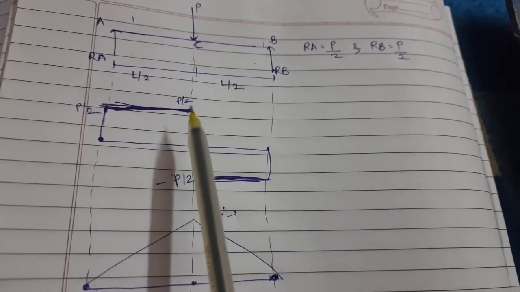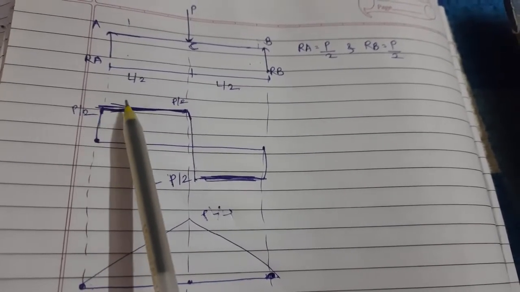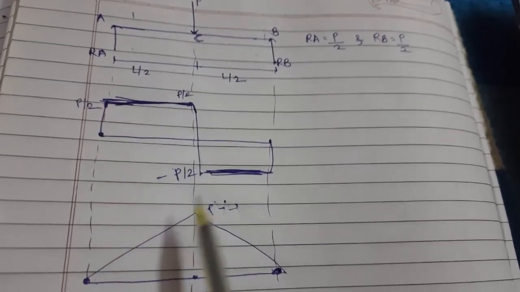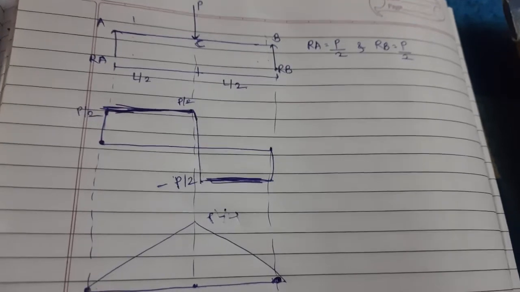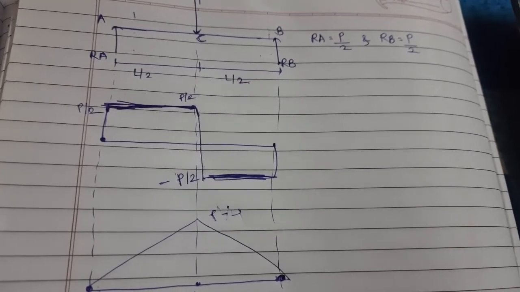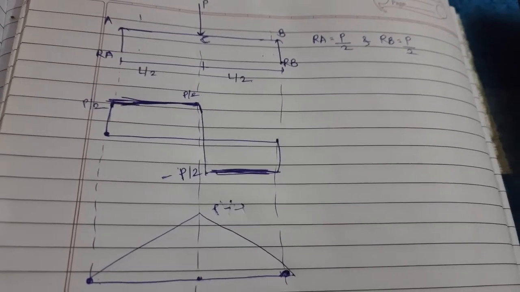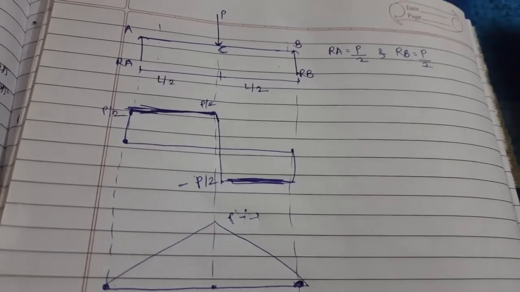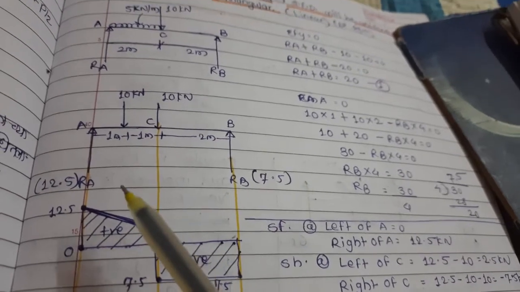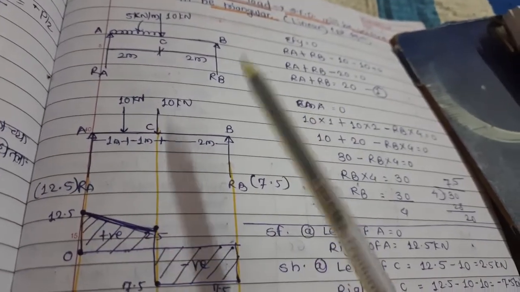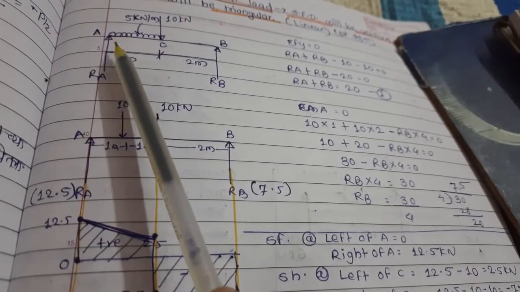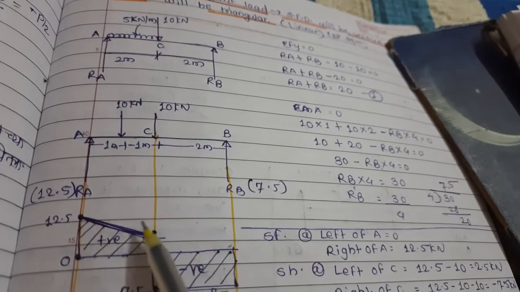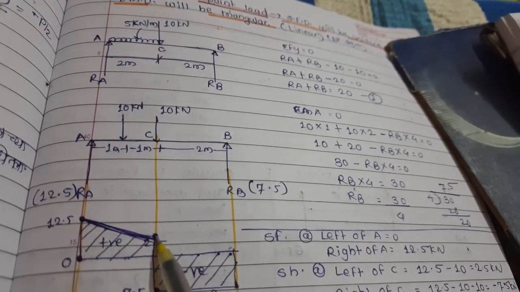In SFD, we have to take sections on both sides of any point, and here we have to take the moment at every point. For SFD, the only difference is this: when we are given a UDL, then we have to join the two values by an inclined line.